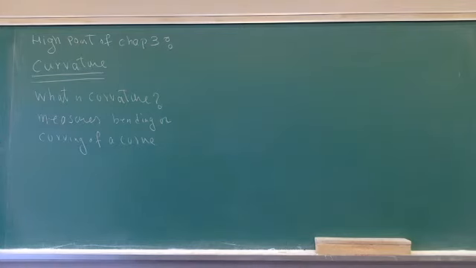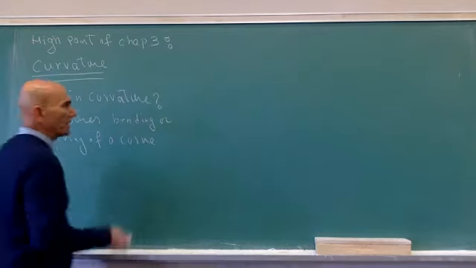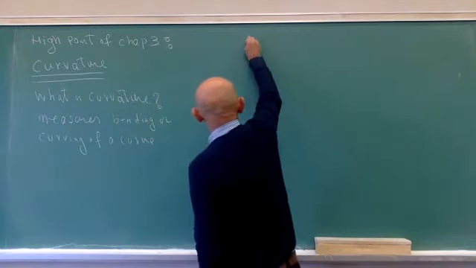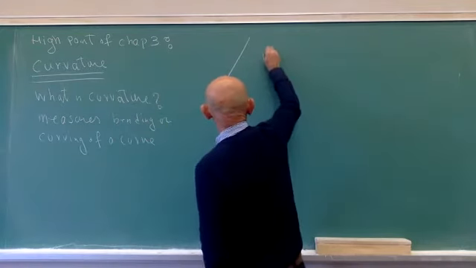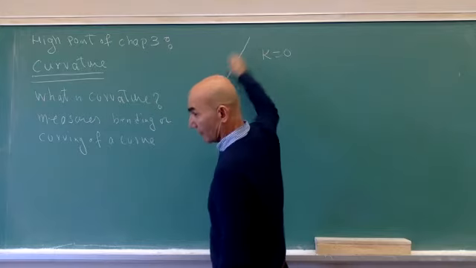It doesn't matter. First of all, we have to understand the question more precisely. We want a measure of bending such that, for example, straight lines have curvature equal to 0 everywhere.